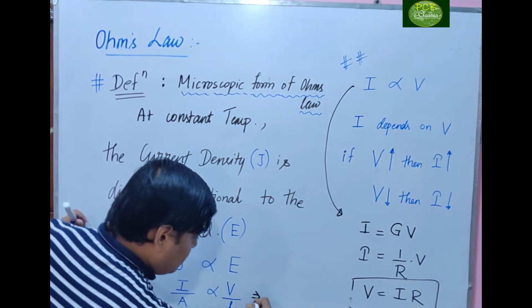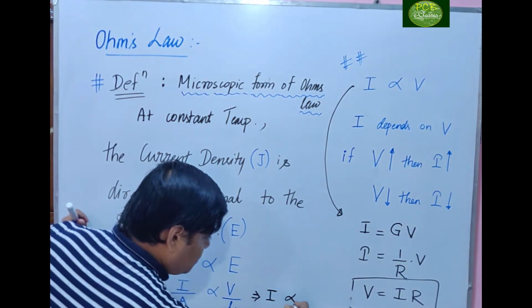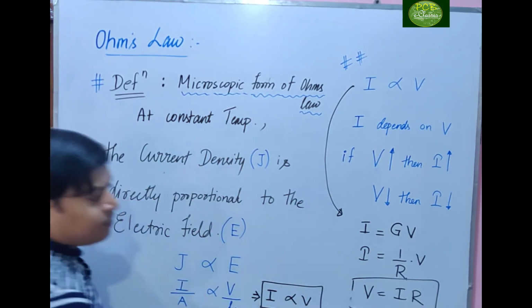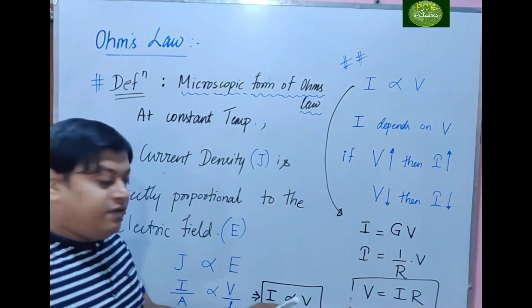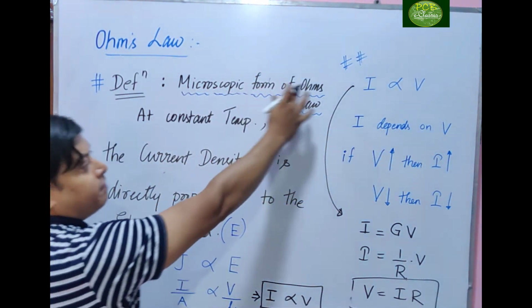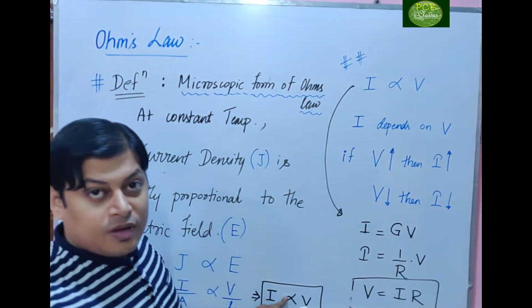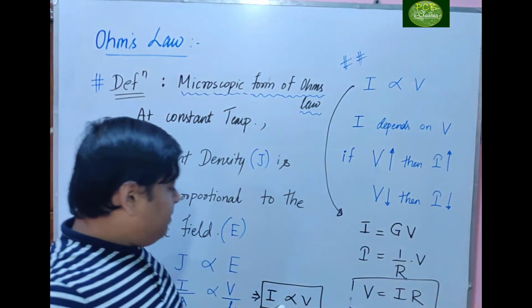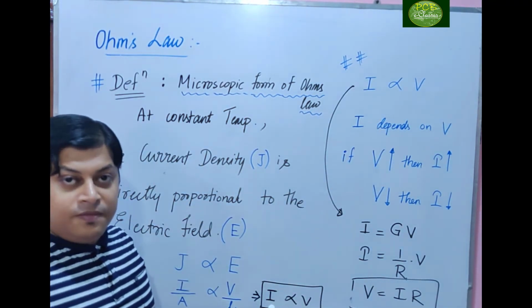Can I write this as I is proportional to V? This is what we have derived, I proportional to V, from the microscopic form of Ohm's law. And that is what we are seeing as Ohm's law.